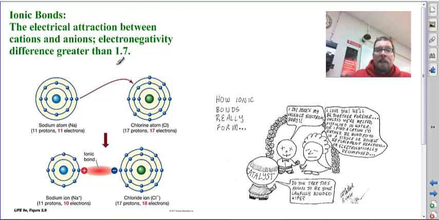Anyhow, so here it is. An ionic bond has an electronegativity difference greater than 1.7, and how they identify that is that one element completely gives up its electron. For example, here's sodium, starting with 11 protons and 11 electrons.